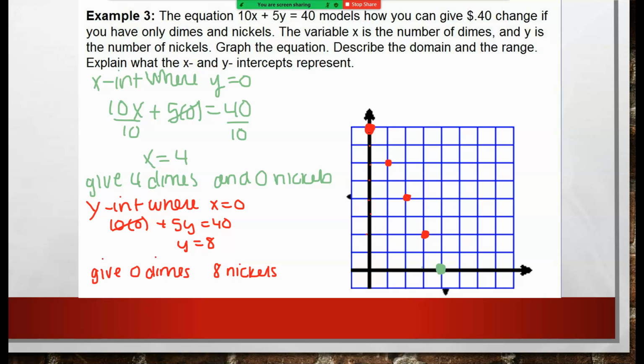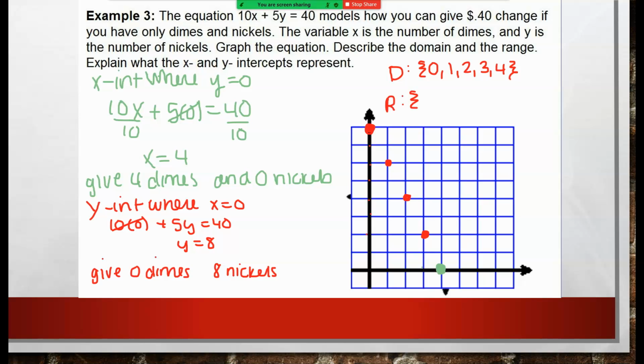So when it asks me for my domain and range, I can give 0, 1, 2, 3, or 4 dimes. It's not 0 to 4 because we cannot give half a dime.